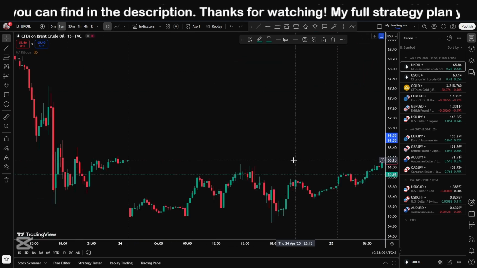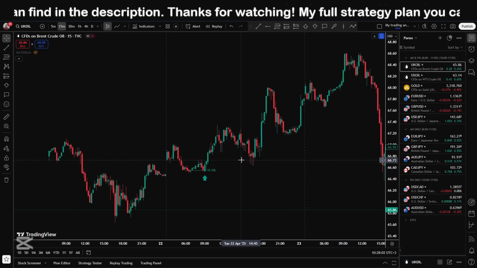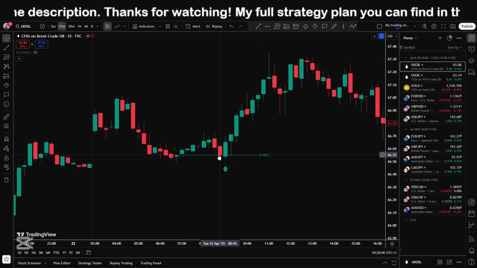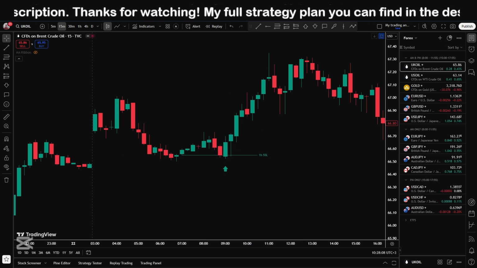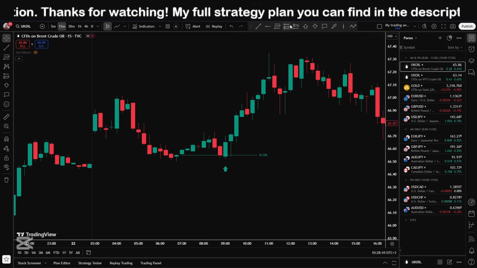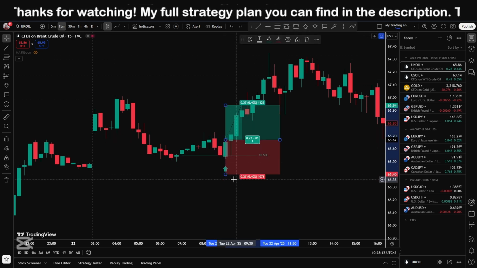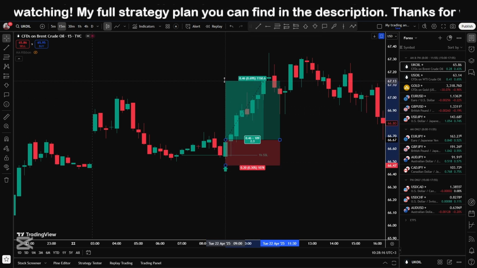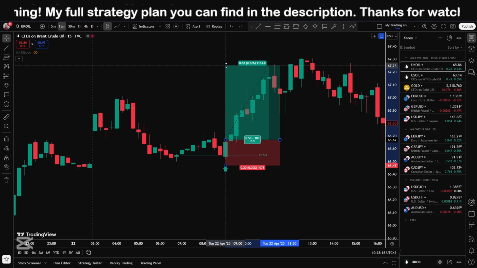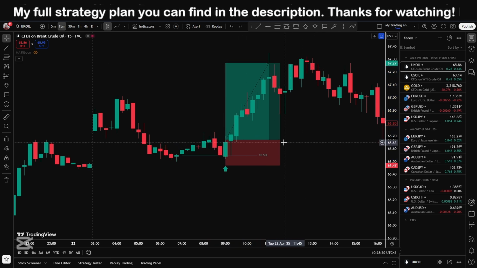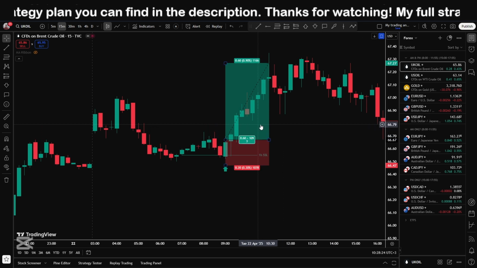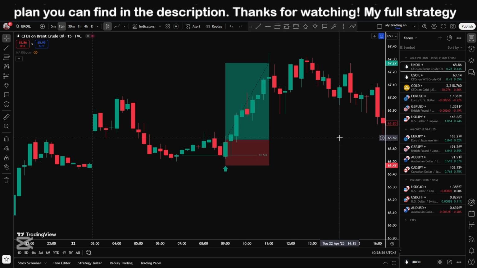The structure is the same as this one from US oil. You can see the bearish bar, the bullish bar, the reversal structure. Again, stop loss of 20 pips and risk reward ratio 1 to 3. Another trade in profit from Tuesday.